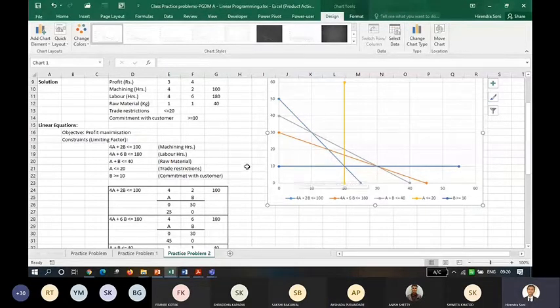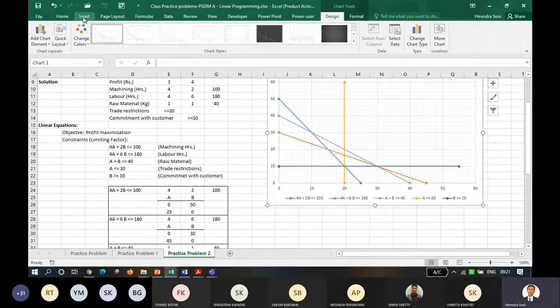What I will do is, this is my first equation, 4a plus 2b less than or equal to 100. That means I am referring to this line. It says less than or equal to 100, so I am referring to the inner side, correct?